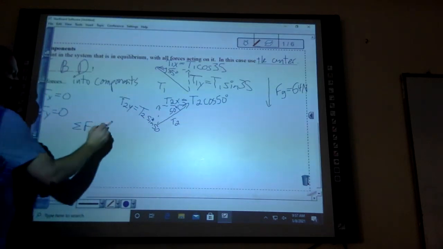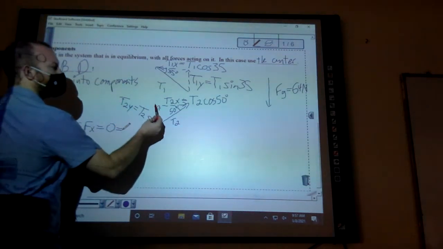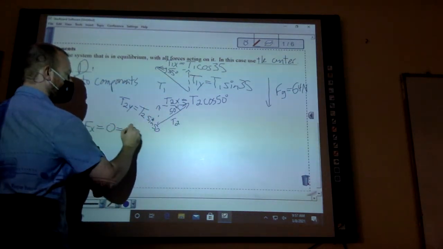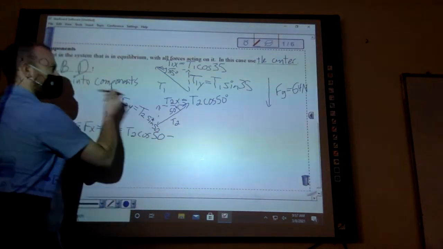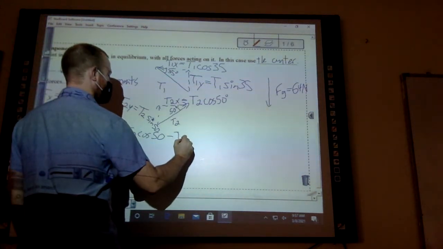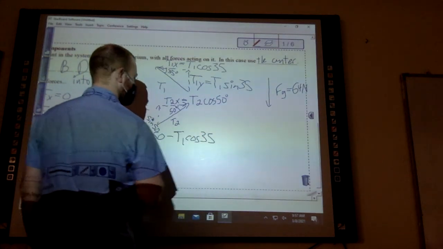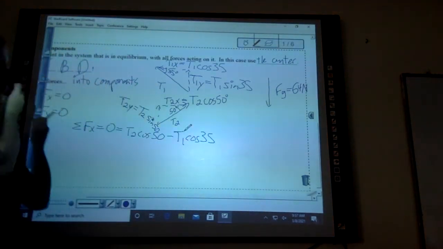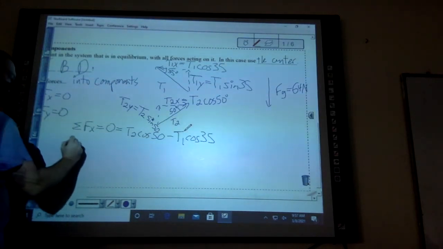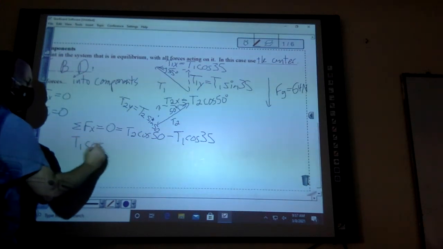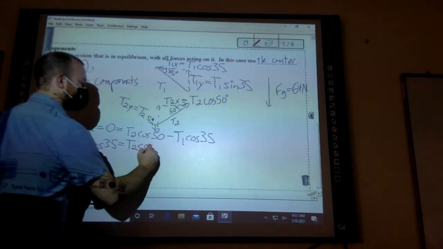So the sum of the forces in the x direction equals 0, which is equal to forces to the right, T2 cos 50, minus forces to the left, which is T1 cos 35. Just x direction. So from this, because they equal 0, that must mean that T1 cos 35 is equal to T2 cos 50.